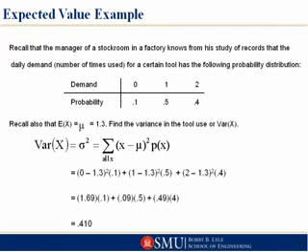The variance associated with the tool use would be calculated, just applying this formula: 0 minus the mean 1.3, square that value, multiply it against the probability that the random variable takes value 0, which is 0.1, and then 1 minus the mean 1.3, square that, multiply it times the probability that the random variable is equal to 1, plus 2 minus 1.3, square that, multiply it by the probability that the random variable is equal to 2, and that would be 0.4.